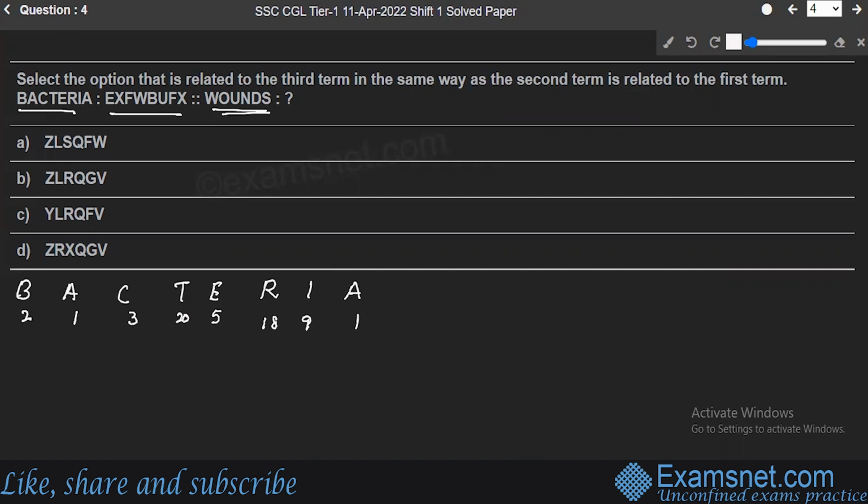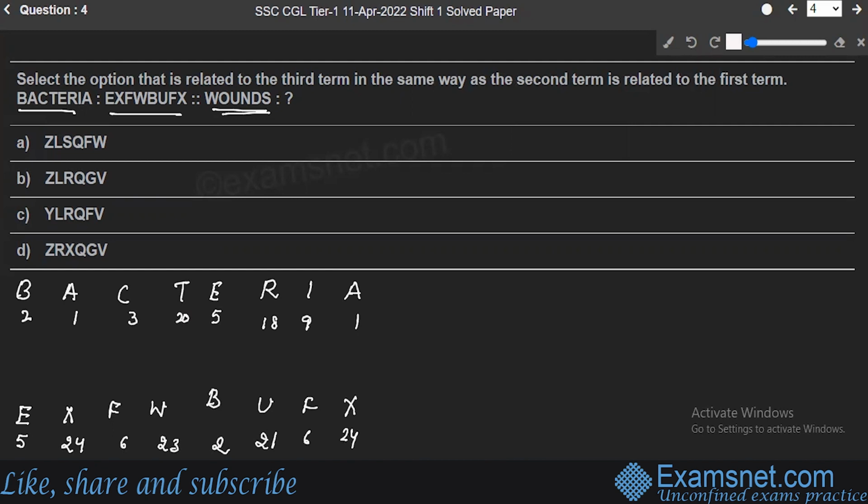Right, and the code is E, X, F, W, P, U, F, X. This is the code, right? Let's write the numbers as well for them. This is at position 5, 24, 6, 23, 16, 21, 6, 24.